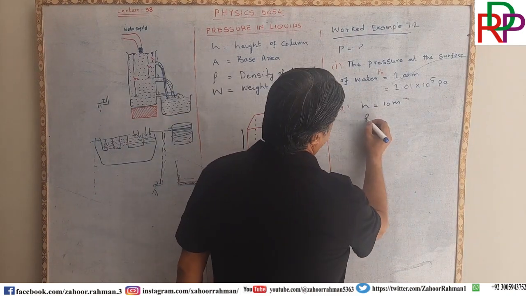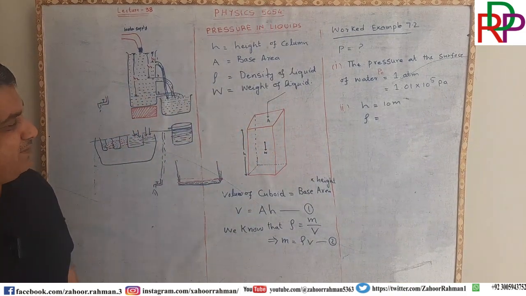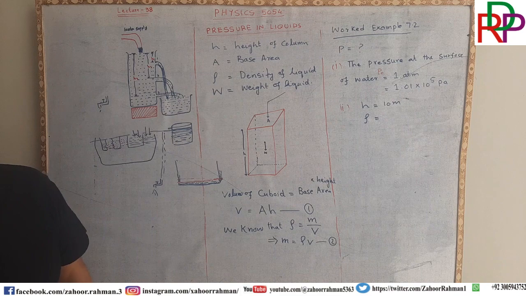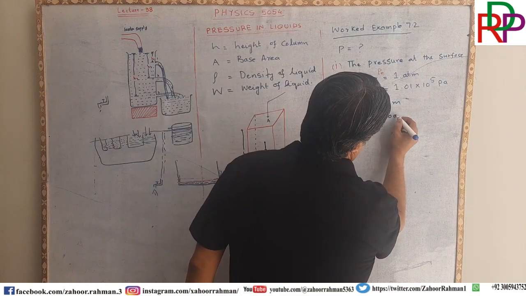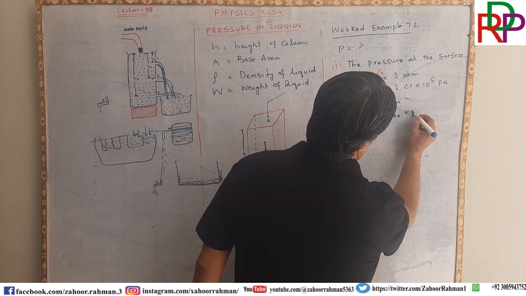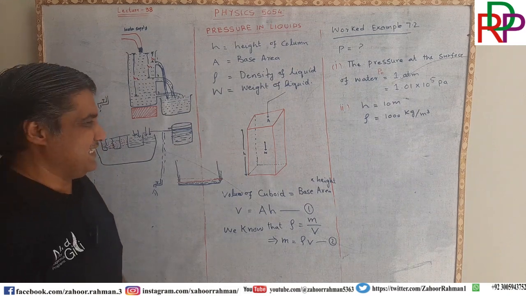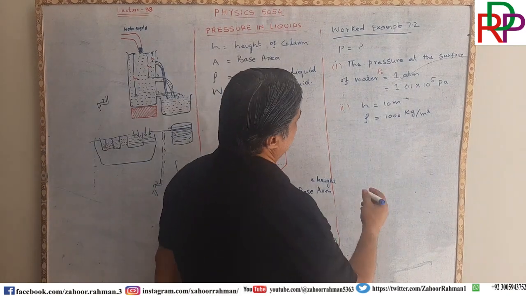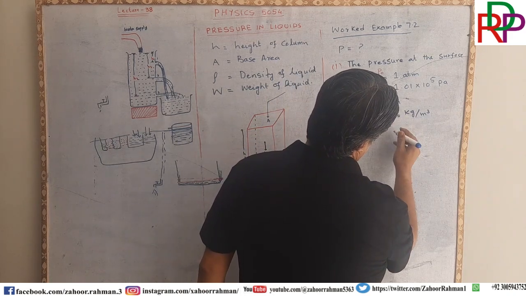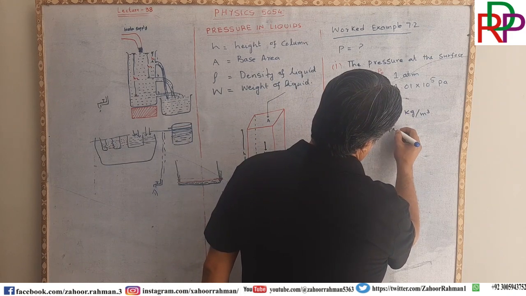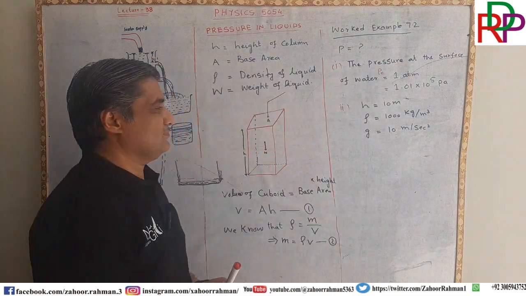Here we are saying the density of liquid, which is water in this case, which is given as 1000 kilogram per meter cube. This is the data given in that. And then g, we know that this is 10 meter per second square.